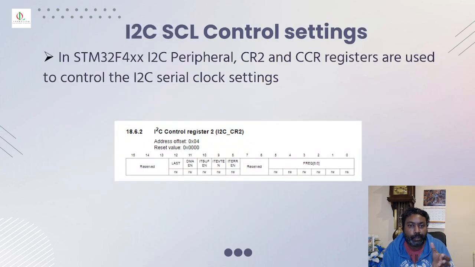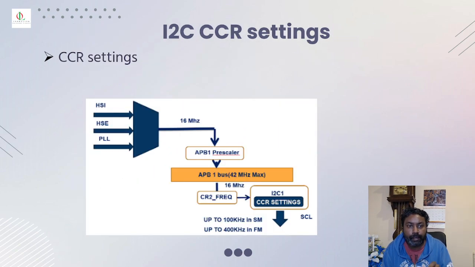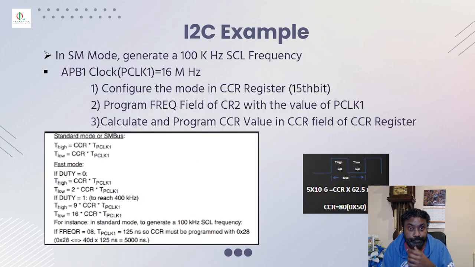And then how to control the serial clock through 2 registers, control register 2 and the clock control register. For the clock control register, you used a small formula to get a value, and you had to load that in the CCR register. And this is the CCR settings, how the clock control is fed to the I2C, which you learned the day before yesterday.